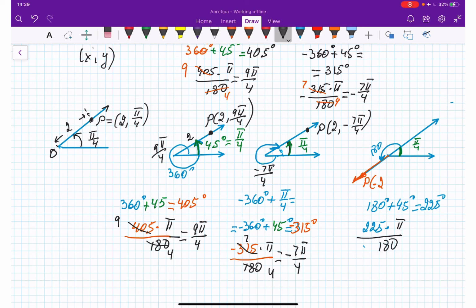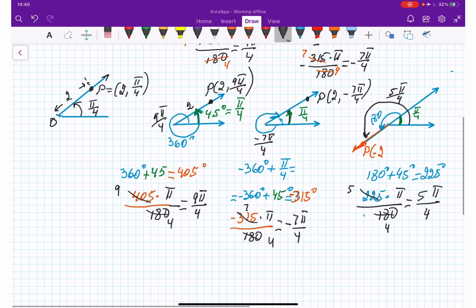Dividing by 45, it's going to be 5 over 4, and we get 5 pi over 4. So finally, the address of the point is negative 2 and 5 pi over 4.